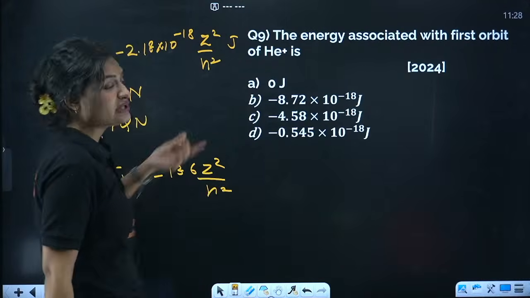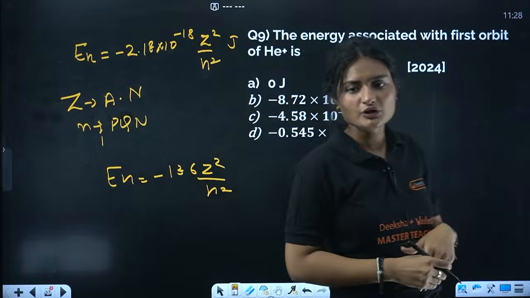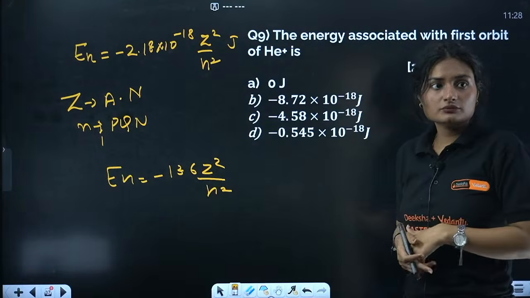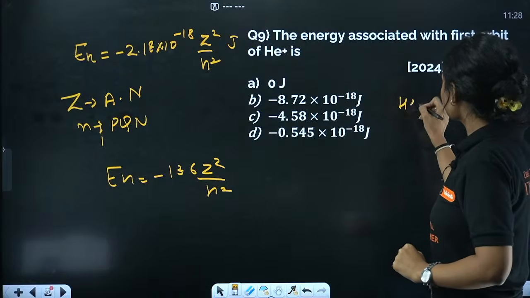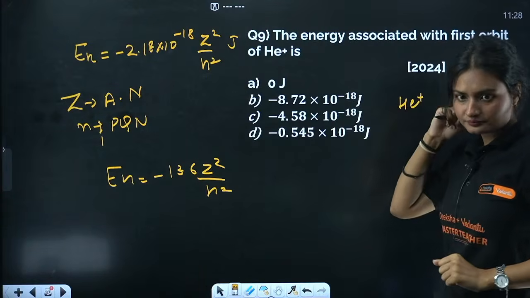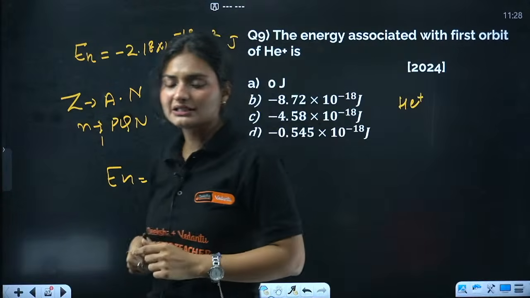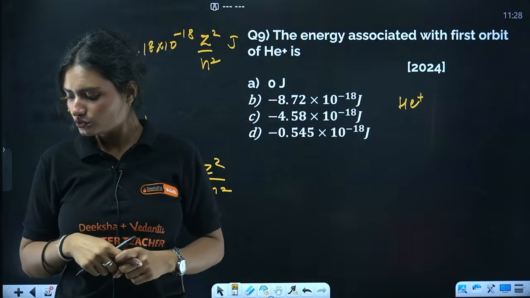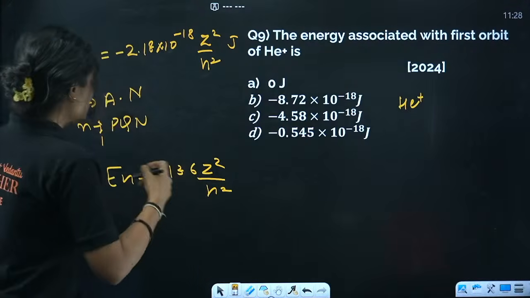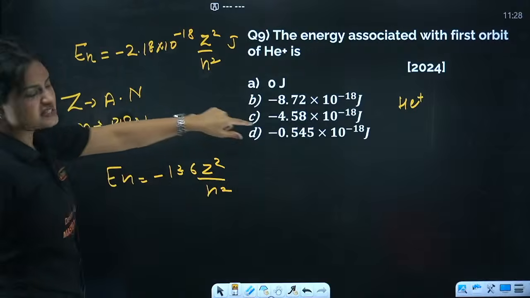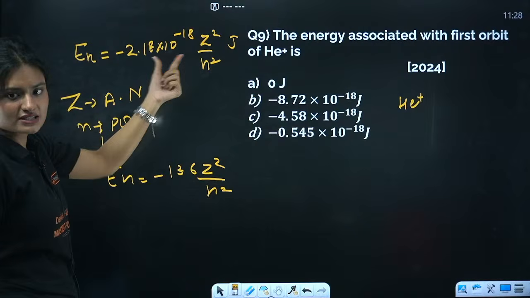Now we are talking about helium positive. What is the atomic number of helium? 2. Yes, the atomic number of helium is 2. Because the answer is in joules, we will use the first relation.